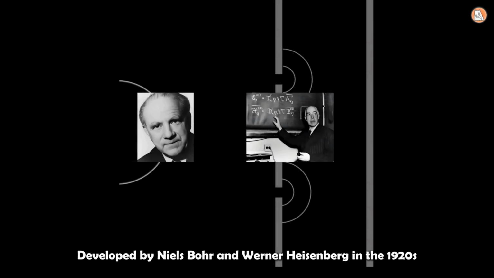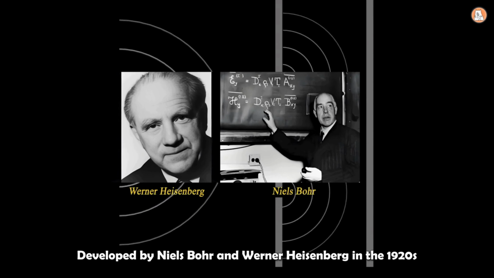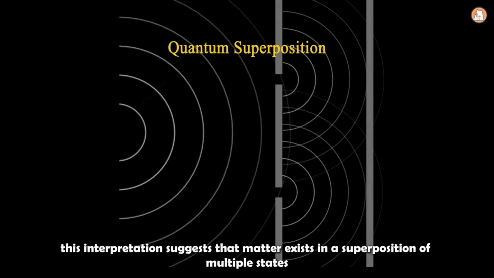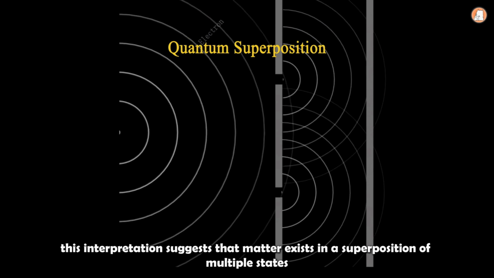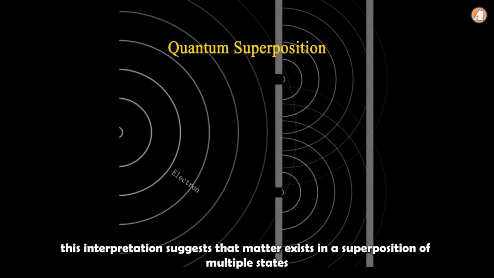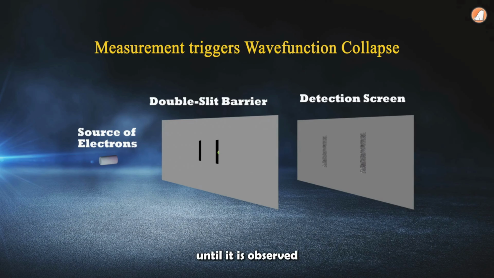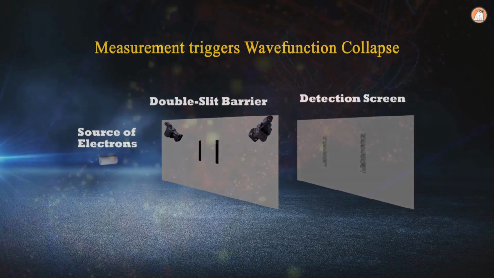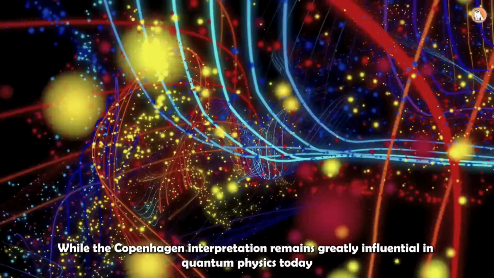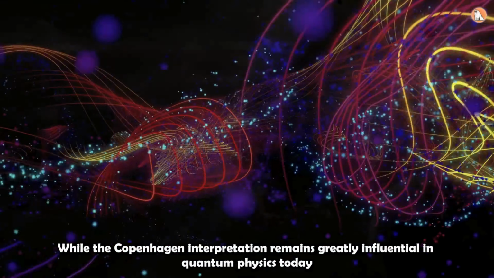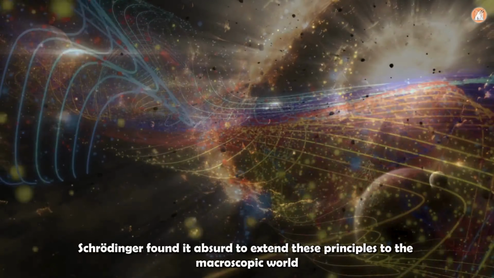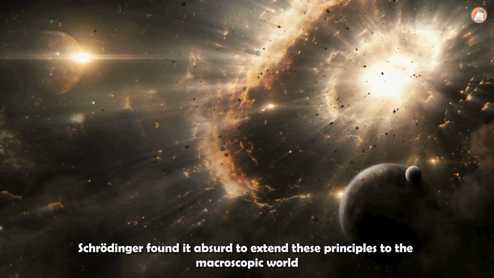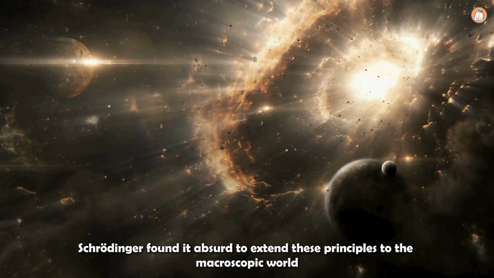Developed by Niels Bohr and Werner Heisenberg in the 1920s, this interpretation suggests that matter exists in a superposition of multiple states until it is observed, at which point it collapses into a definite state, such as a particle or a wave. While the Copenhagen interpretation remains greatly influential in quantum physics today, Schrödinger found it absurd to extend these principles to the macroscopic world.